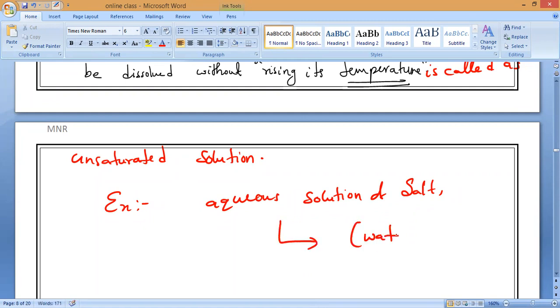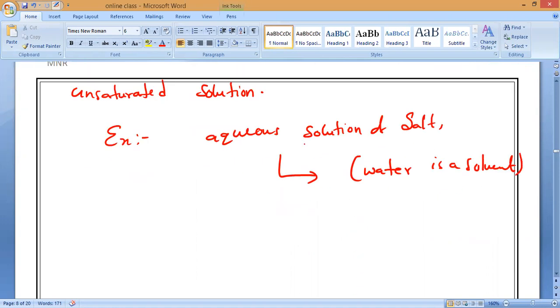If water is the solvent, then that solution is called an aqueous solution. Please remember, if the solvent is something other than water, it is called a non-aqueous solution.